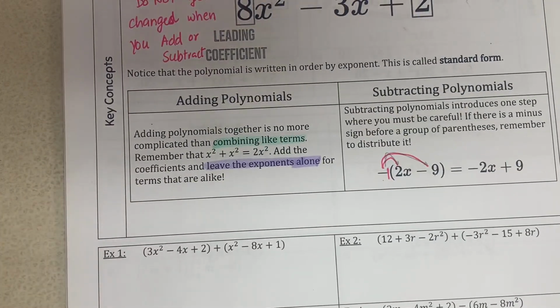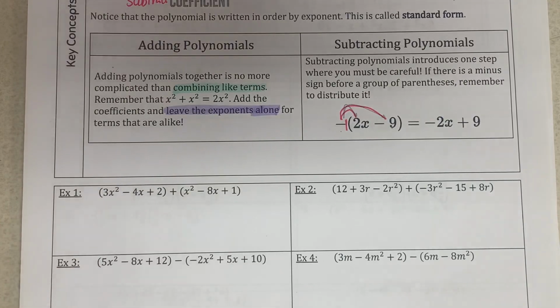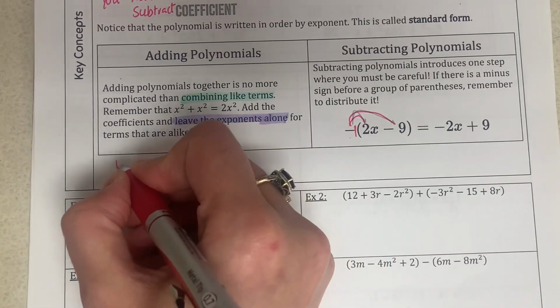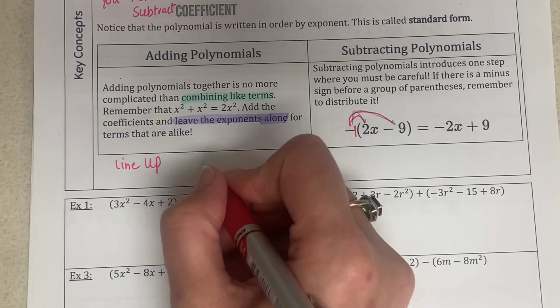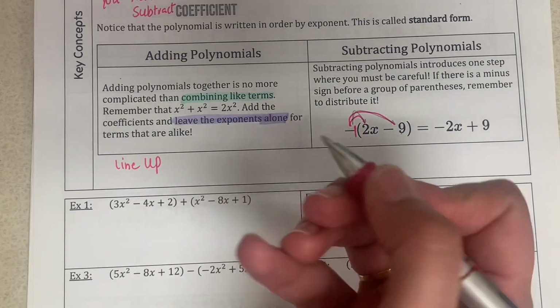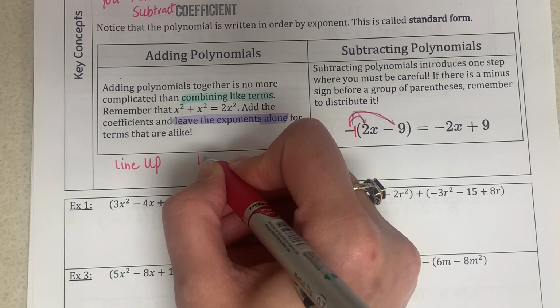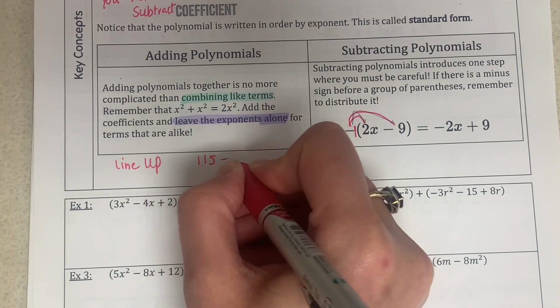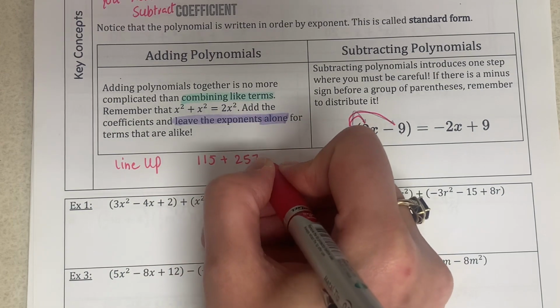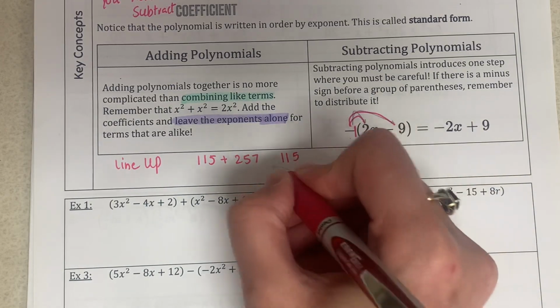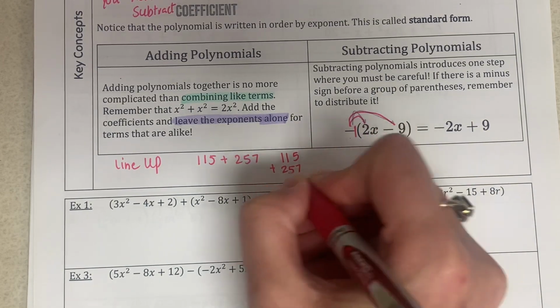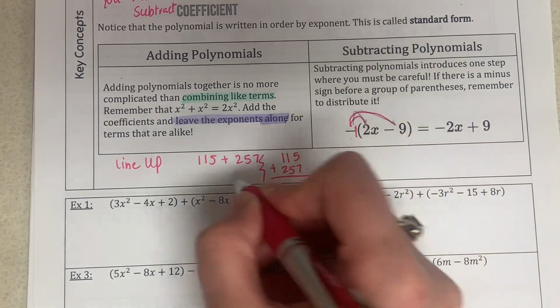You have 2 ways that you can add or subtract. First one, I call it the line up method. Line up method means just like when you were little, if you had to add 115 plus 257, you would line it up. How do you line it up? 115 plus 257. This is called lining up.